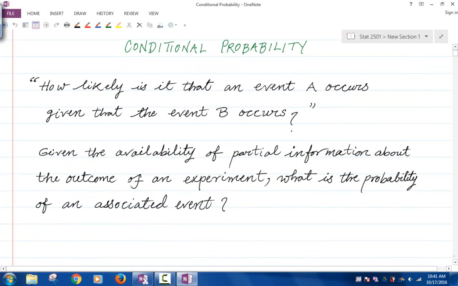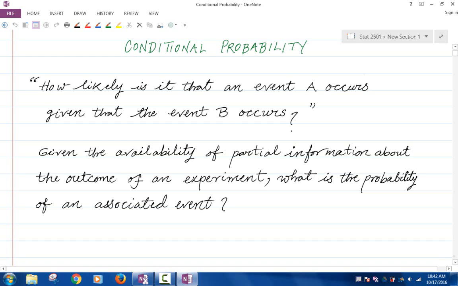In other words, given partial information about the outcome of an experiment, so think of the event B as partial information, what's the probability of an associated event?